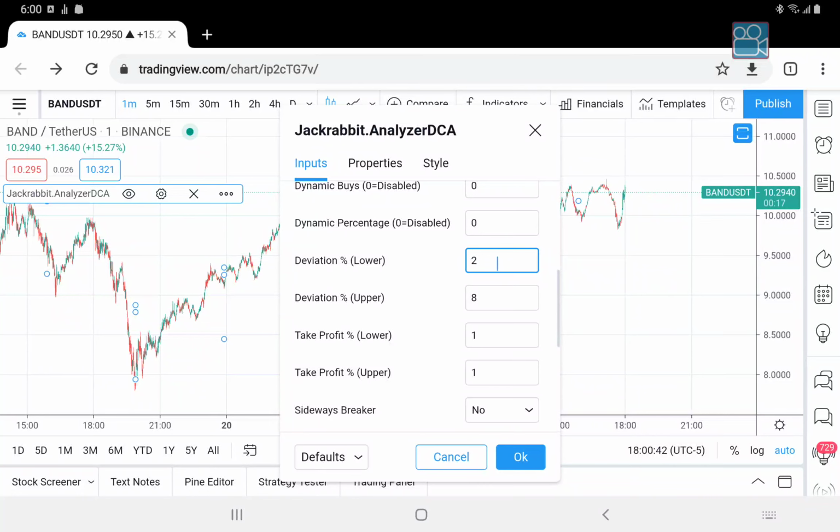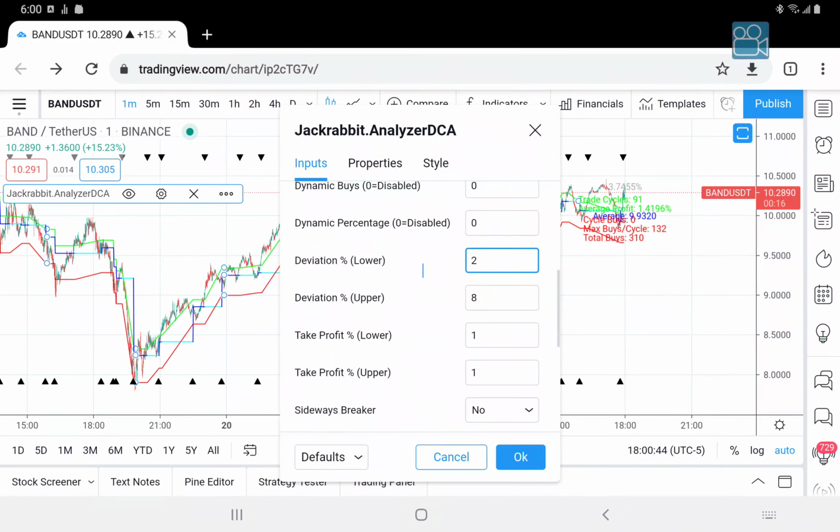So this is saying the first purchase is going to be 2% deviation. And then based upon this number, calculate a ratio that will go up to 8% should it get to this.